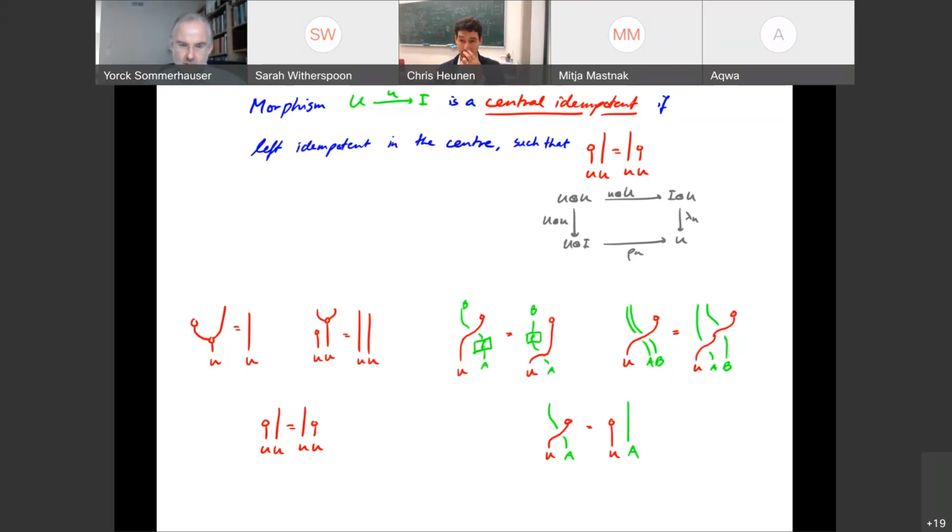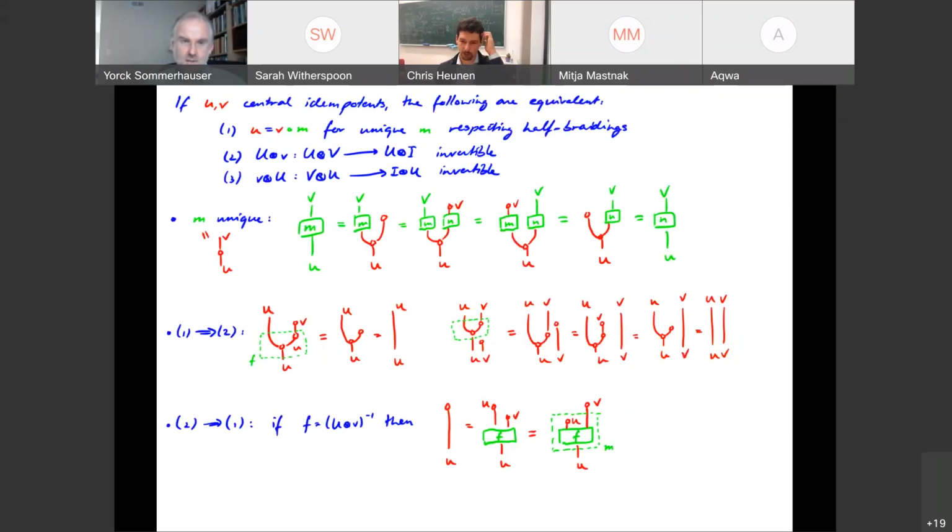Yes, and we'll get to this later. But first, I'll build up some lemmas before we get to examples, because I sort of lied when I said that was the full definition, but I'm going to identify certain idempotents. If you have two central idempotents, the following three things turn out to be equivalent.